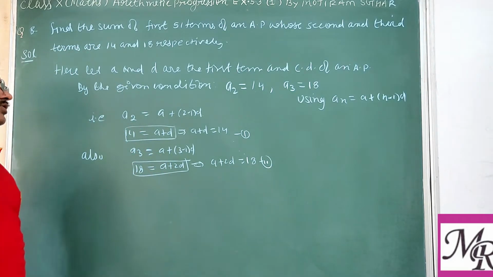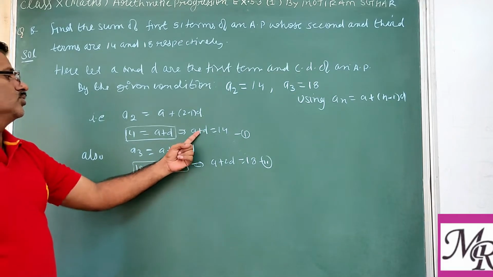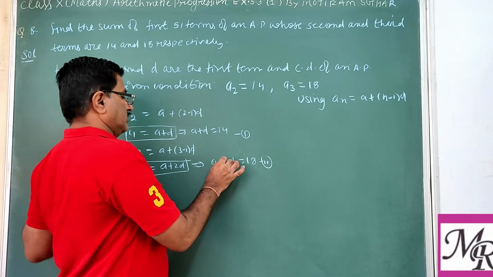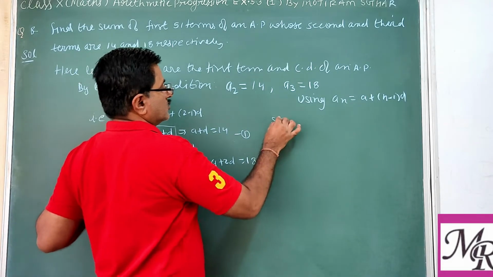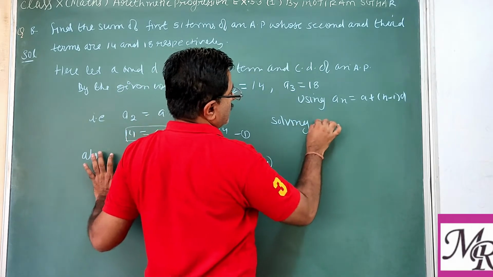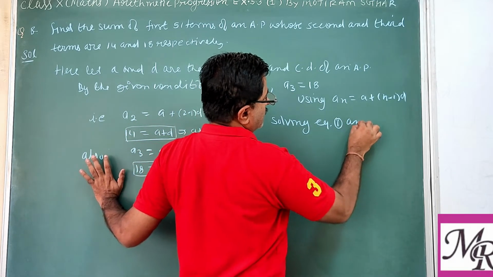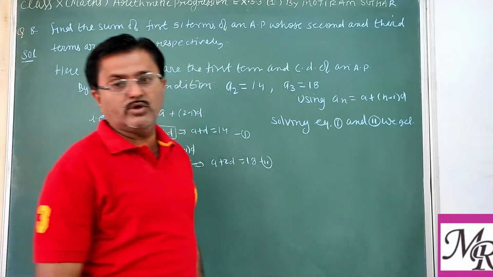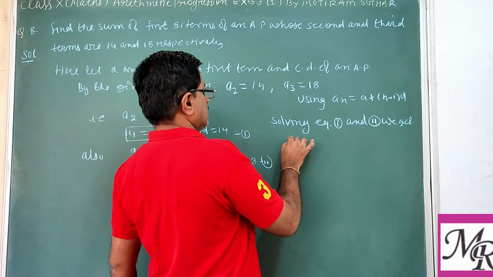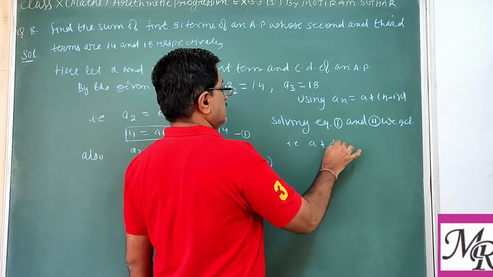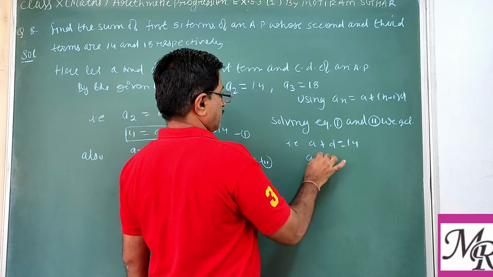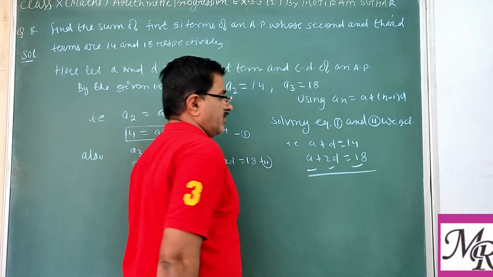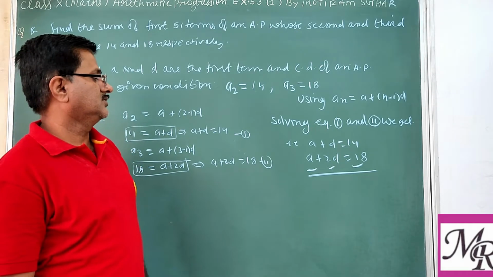Now solving both equations, because these are two equations in two variables like x and y, you can solve by any method. So solving equations 1 and 2: a plus d equals 14 and a plus 2d equals 18. Subtract the second from the first, so the sign of the second is changed.